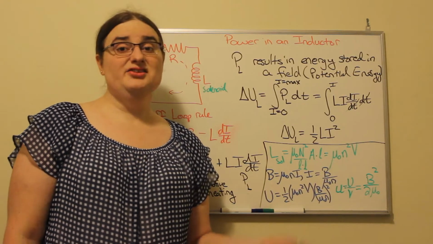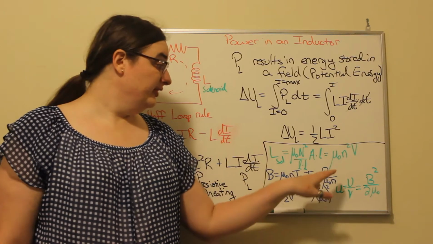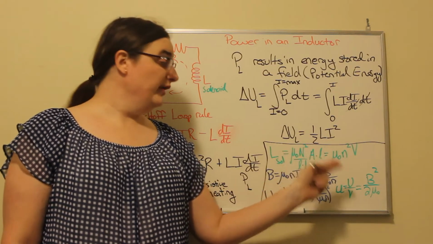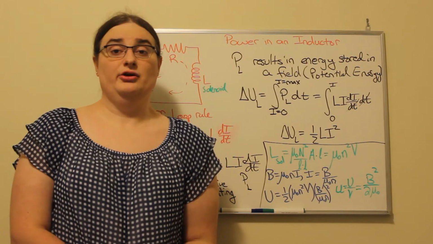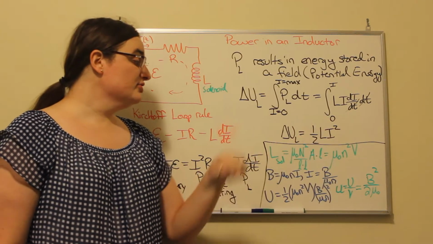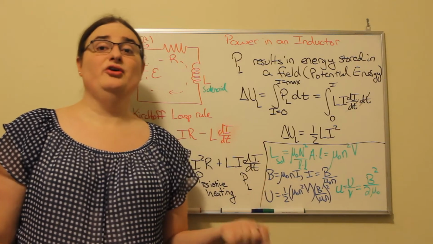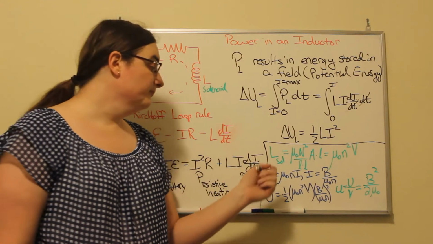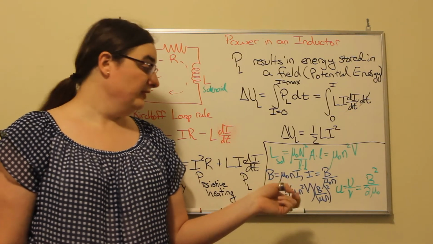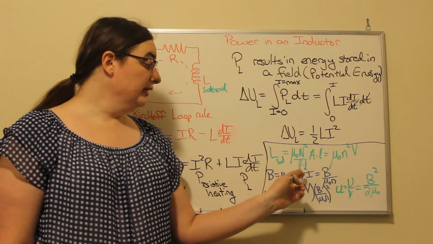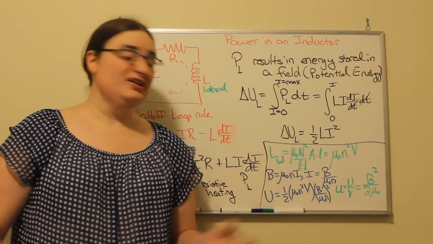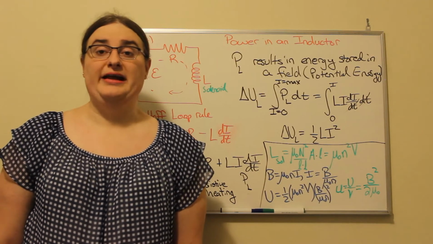So the inductance in terms of volume of a solenoid would be mu naught times the number of turns per length squared times the volume of our solenoid. Now, to relate this to magnetic field, we can use the magnetic field equation from a solenoid to figure out what our current would be. The magnetic field from a solenoid is mu naught times the number of turns per length times the current, so our current would just be the magnetic field divided by the permeability of free space mu naught and the number of turns per length.